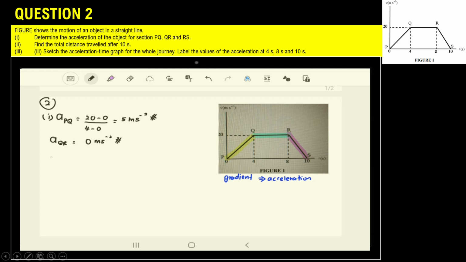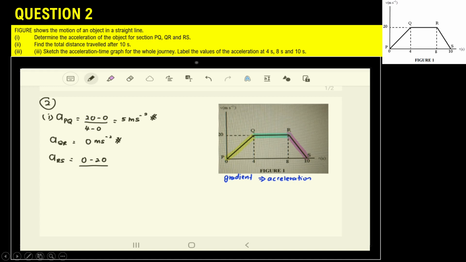The last one is the acceleration for RS. You can see here RS. This is the y1 and this is the y2, 0. This is the x2 and this is the x1. You must know which point is the initial and which point is the final. So for RS, we have 0 minus 20, not 20 minus 0. Be careful.